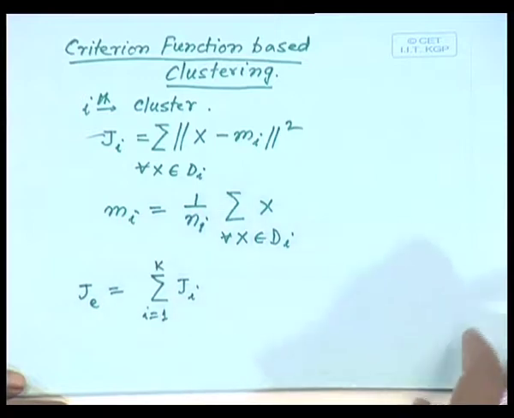Okay. So, how can I do it iteratively? Suppose after that initial partitioning, I take one feature vector from one cluster and try to push it into another cluster. Okay. And then try to find out whether, if I push this feature vector from one cluster to another, the total error can be reduced or not.